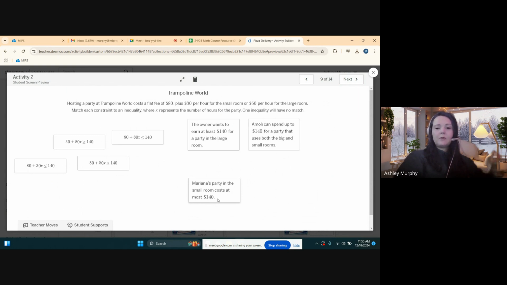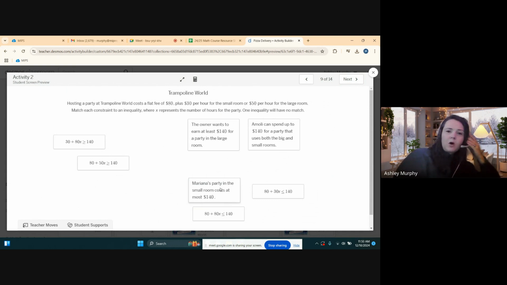That's the top end, 140, and we cannot go over. So that means it would look something like this, where we are less than or equal to 140. Now it does say small room here. So the small room is the $30 one. So there's our match.